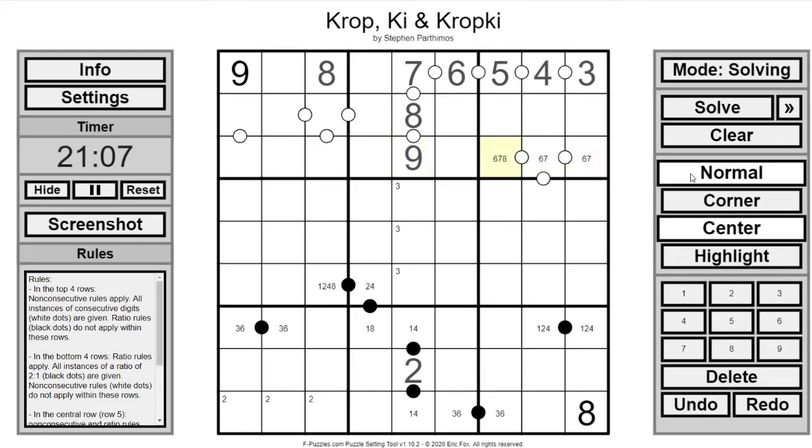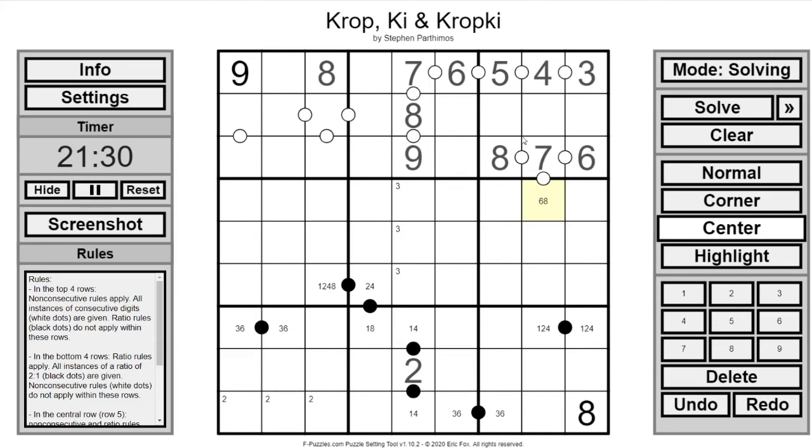So this must be the 8. So now this has to be a 7. This must be a 6, and this is either a 6 or an 8. I can't really make a decision here.